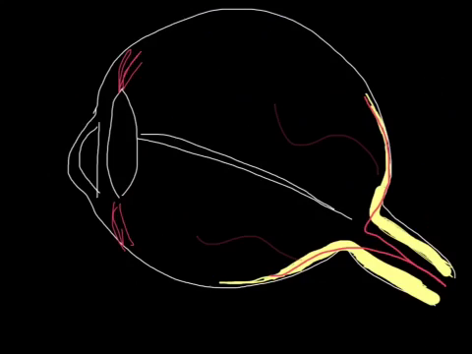Before we go into diabetic retinopathy, we have to do a quick overview of the anatomy of the eye. So if this front layer right here would be the cornea, then this would be the lens. This would be the ciliary body, which also has something called the canal of Schlemm in there.